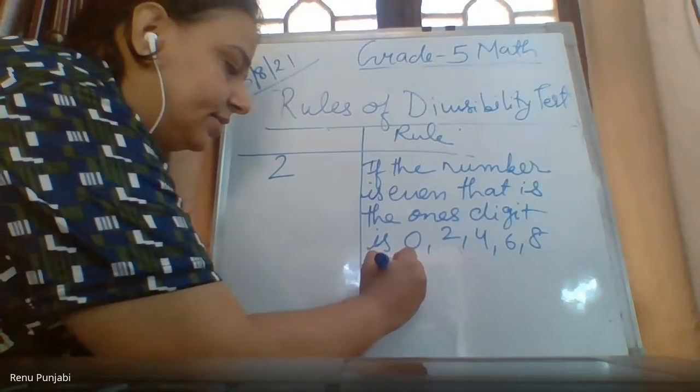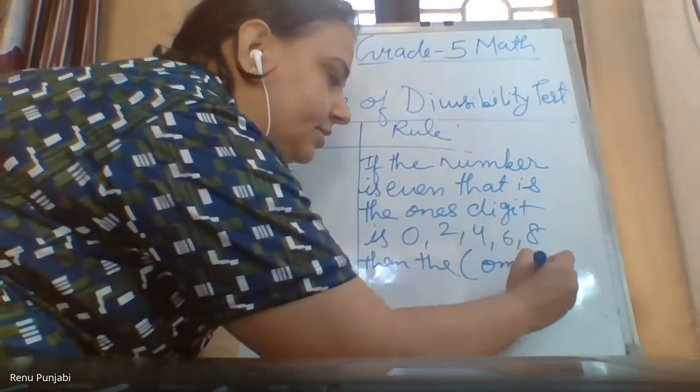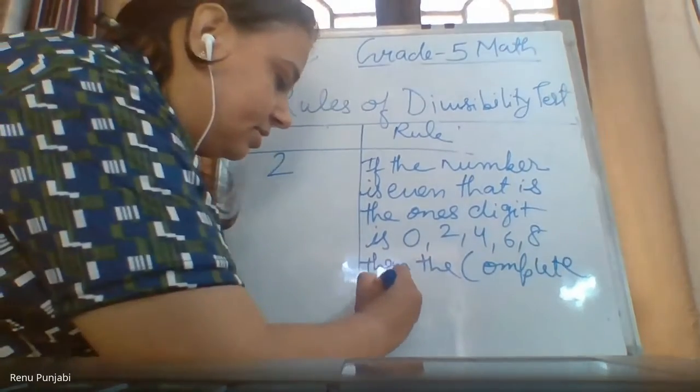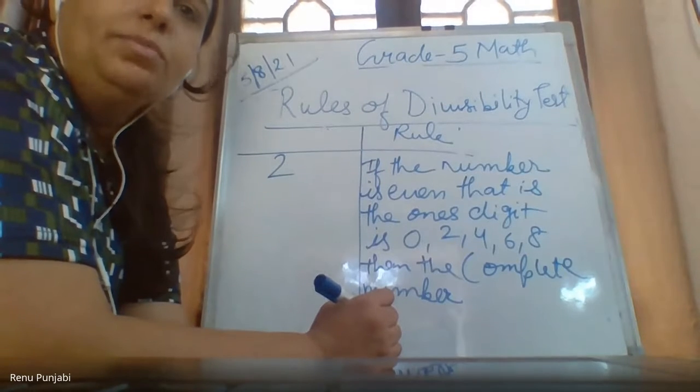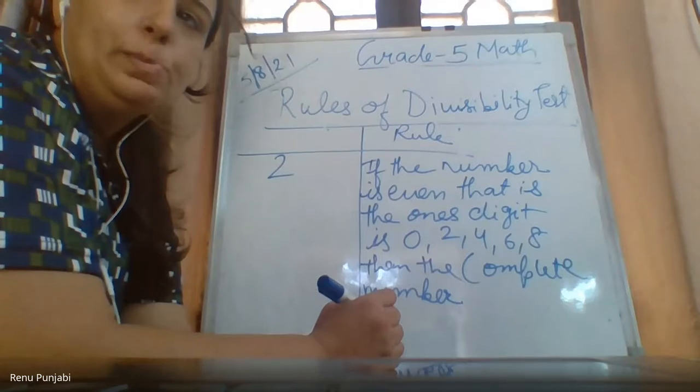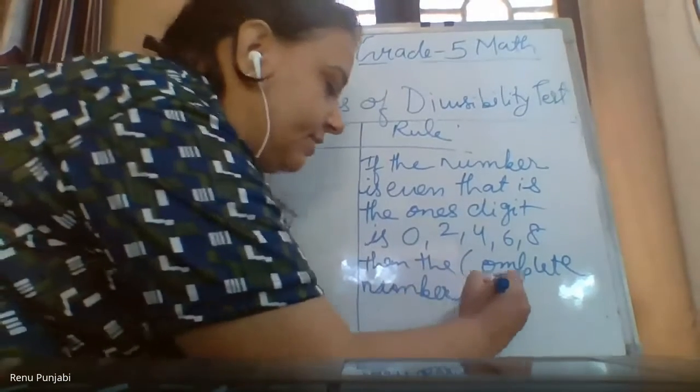Then the complete number are you all writing along with me? Yes, ma'am. Then the complete number is divisible by 2.